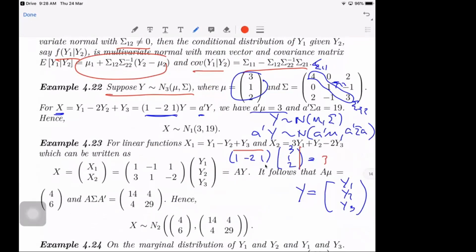That will be 3 minus 2 plus 2, which is just equal to 3. And you can solve for A prime sigma A and obtain 19. So with actual data, A prime sigma A is 19. So this is your sigma.